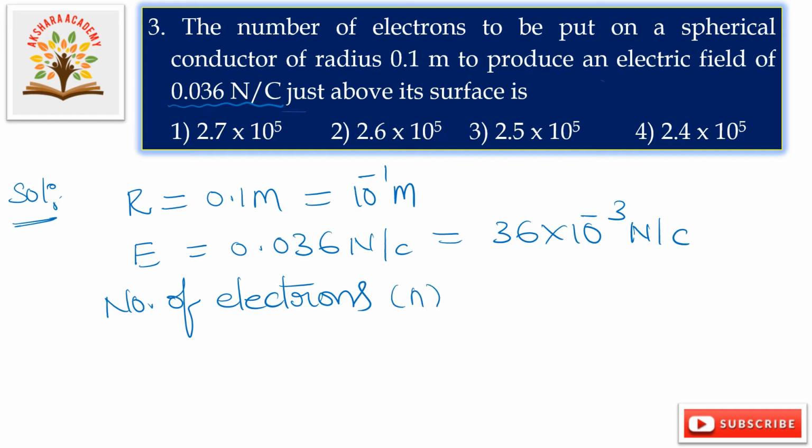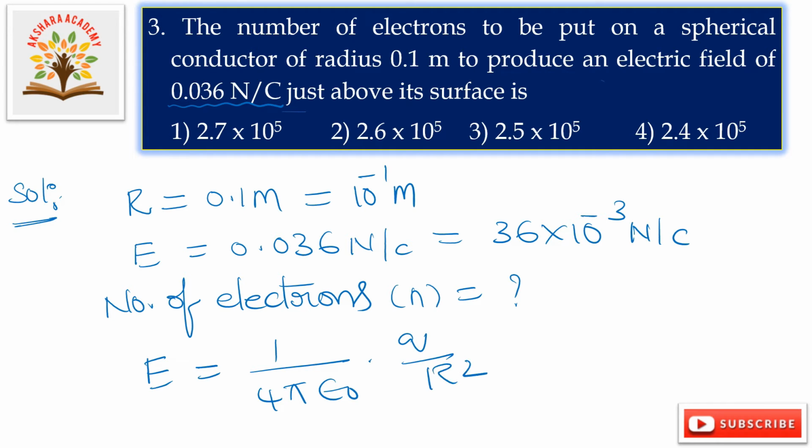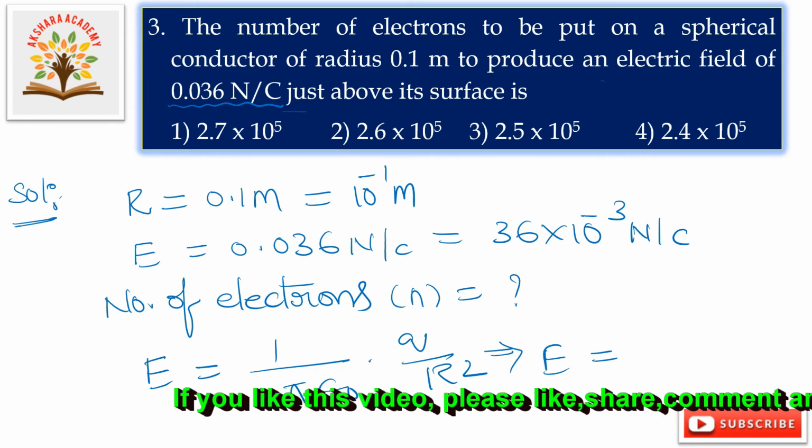N is equals to, now electric field E is equals to 1 by 4 pi epsilon naught Q by R square, or this can be written as Q is equals to N into E.